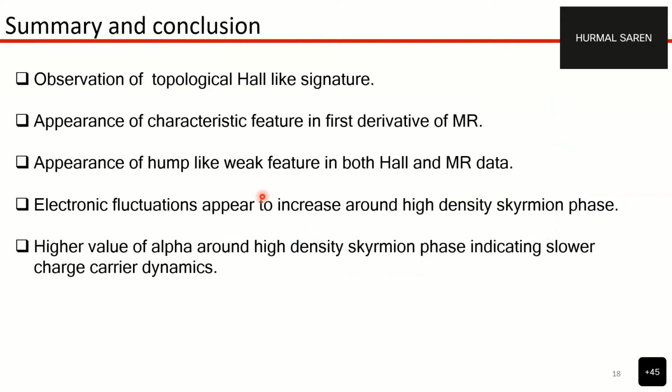It doesn't depend on the variation of the longitudinal resistivity. We have also observed this peak in the MR data, and also in the first derivative of the MR data. We have observed this hump-like peak feature in both Hall and MR data. And we have observed electronic fluctuation around high density skyrmion phases.